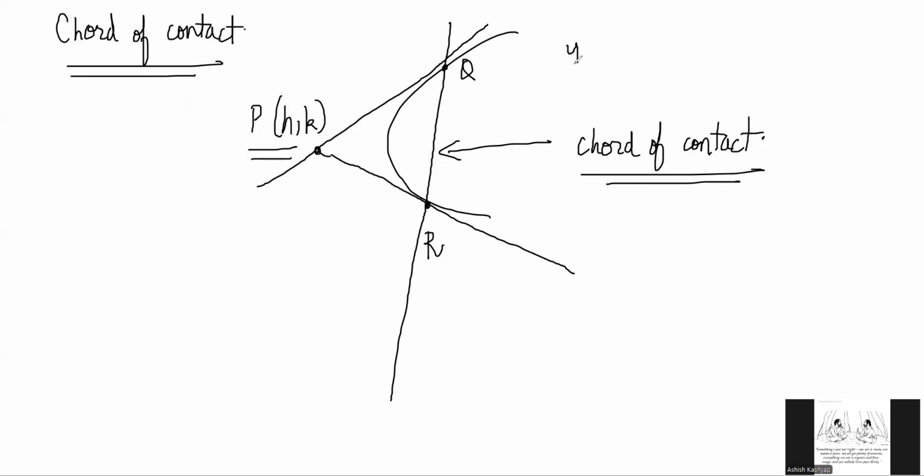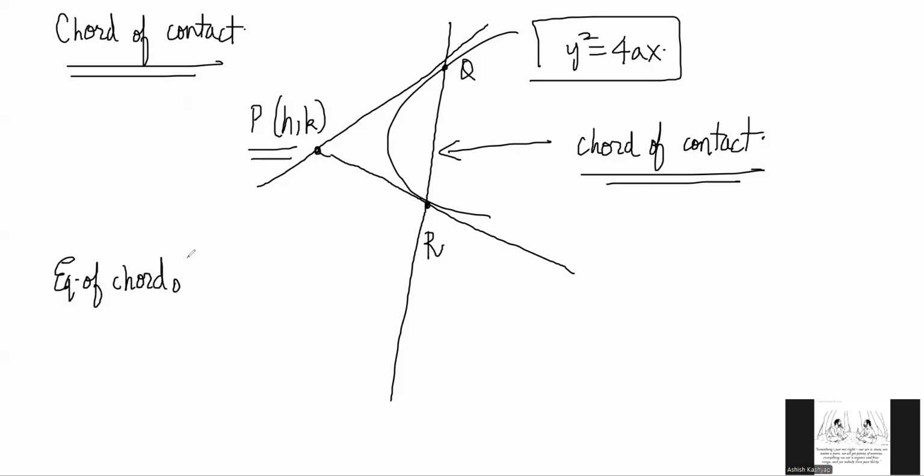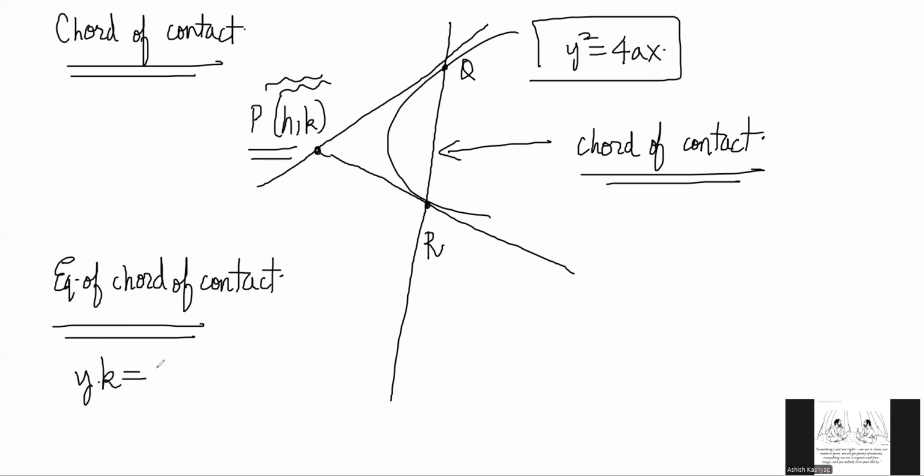Now, if the standard equation of the parabola is y squared is equal to 4ax, the equation of chord of contact comes out to be exactly the same as the tangent equation, as if the tangent was made from h comma k. So we'll say yk is equal to 2a(x plus h).